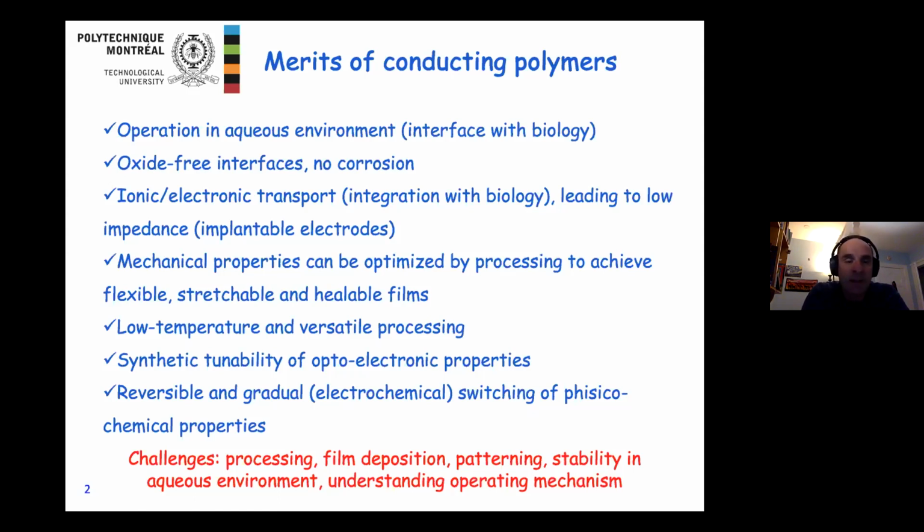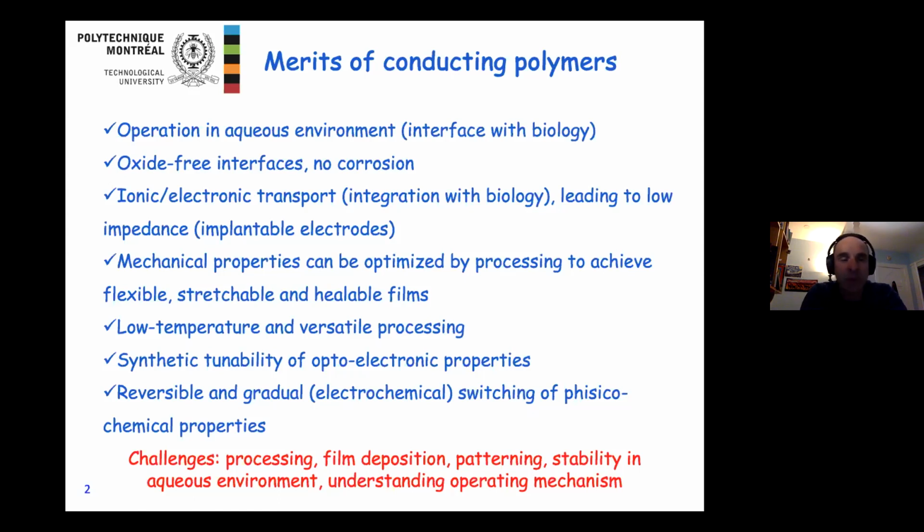Then another important point, which is often neglected, is that these materials can switch from a conductive to a semiconducting or insulating state by electrochemical switching, and this switching is gradual. So we can have a material which is, let's say, very conductive without any applied bias, but it can become less conductive when we apply bias, and this transformation is gradual.